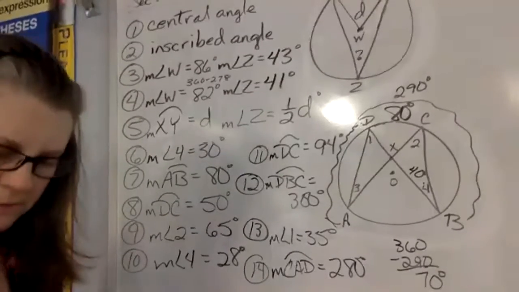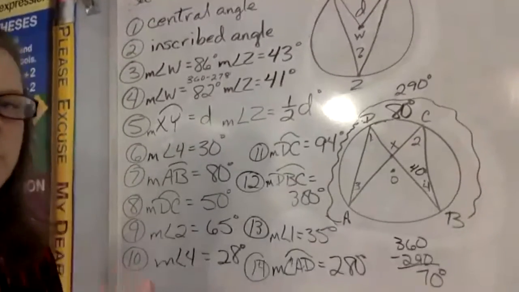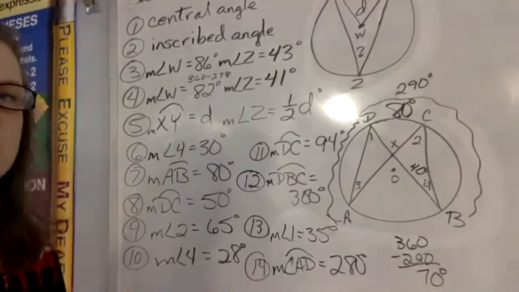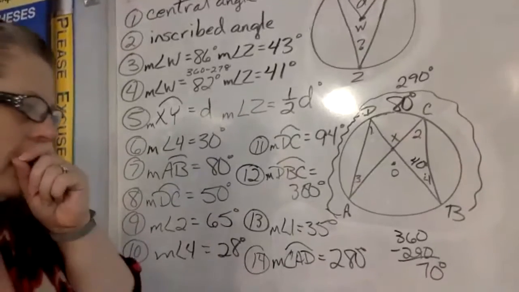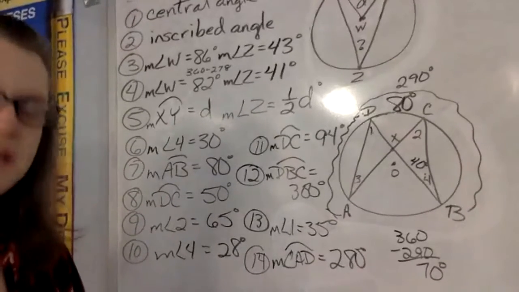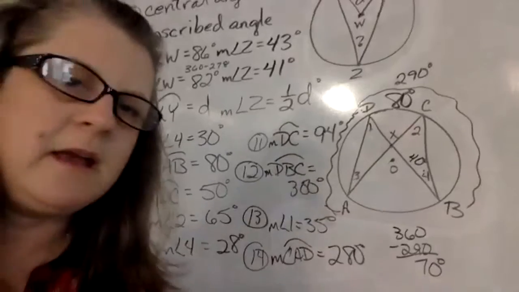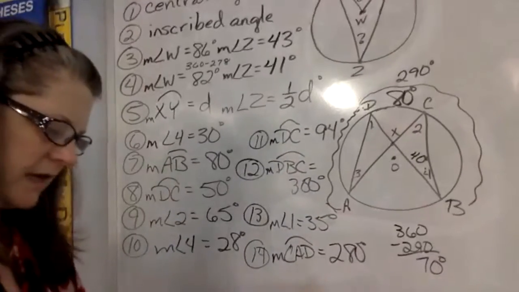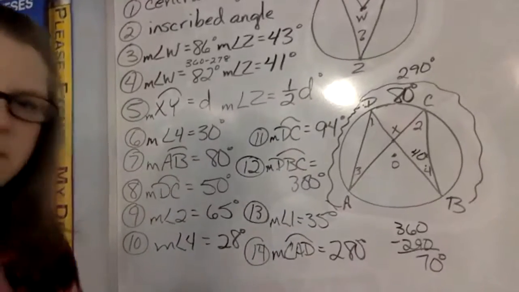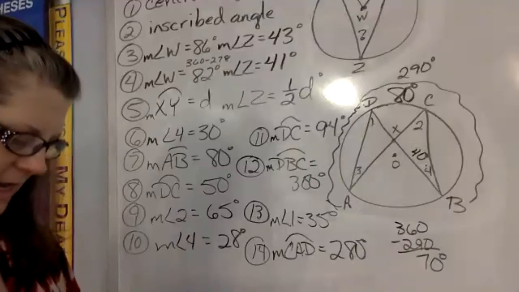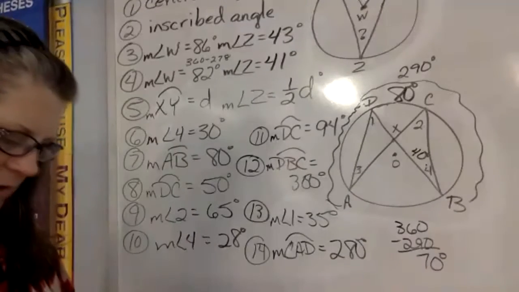Okay, now for the next one, it's a word problem, your all's favorite. We're still doing the same thing. Everybody needs to have their book open so they can actually look at the picture because I'm not drawing the picture up here. It's on page 372 down at the bottom.